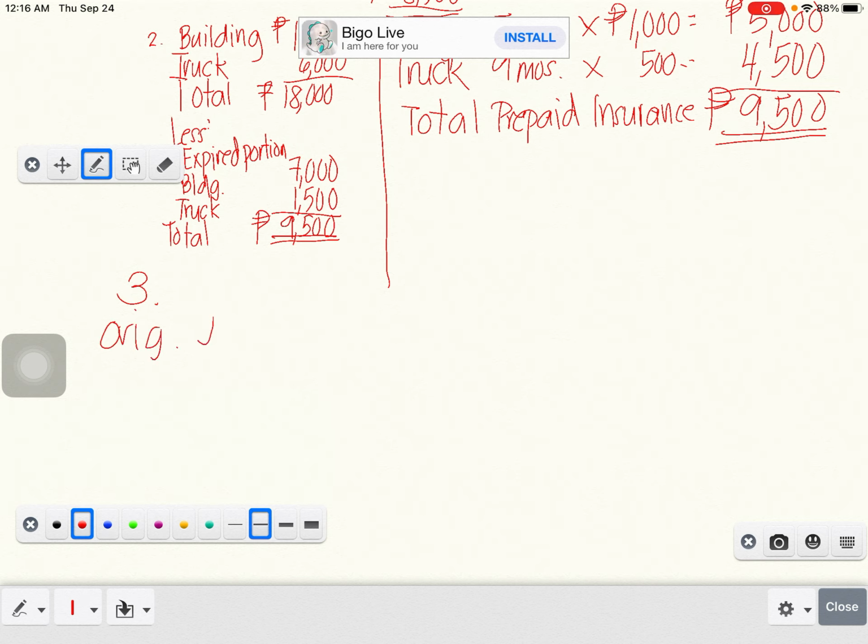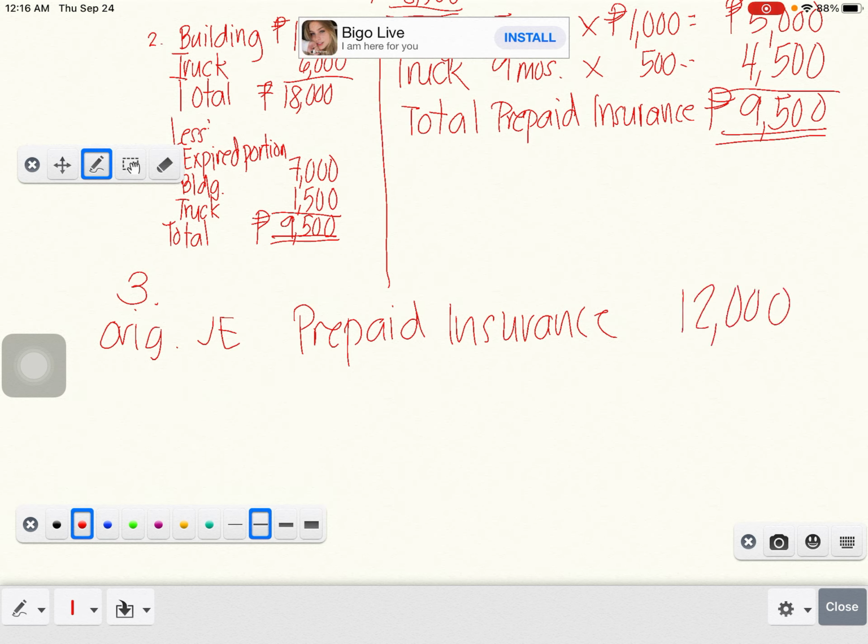so original journal entry, we used the asset method. So, prepaid insurance of the building. So, take note, we're only talking about the building. So, that is 12,000 credit cash, 12,000. So, June. What is the adjusting entry daw? Naka-record naman tag insurance, nga asset. So, we need to record the expense.